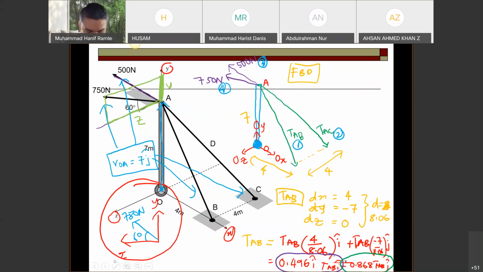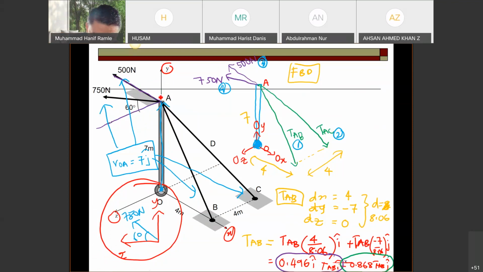To make sure that you understand, let me explain about the 500 Newton. The 500 Newton belongs to the Z and X plane, but the 500 Newton is only in line with the X axis. Let me draw the plane.